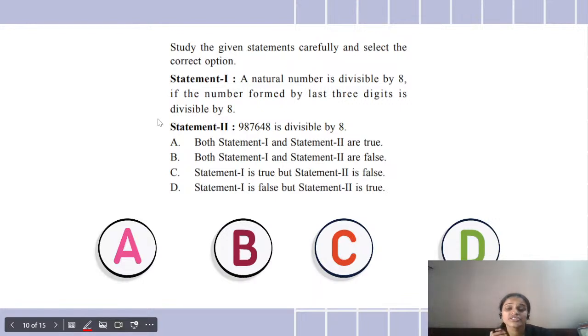Children, think about the divisibility rule of 8. It's very easy. Debyanshi also gives A and Ritika gives the answer as C.